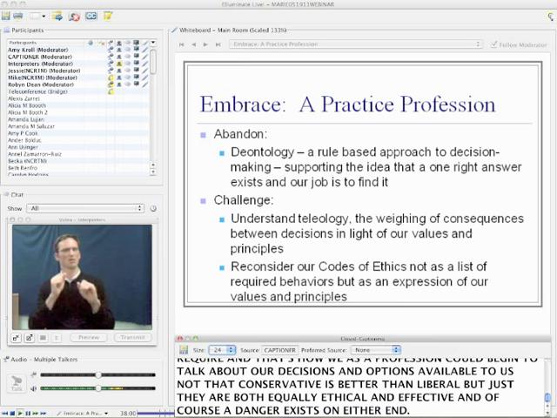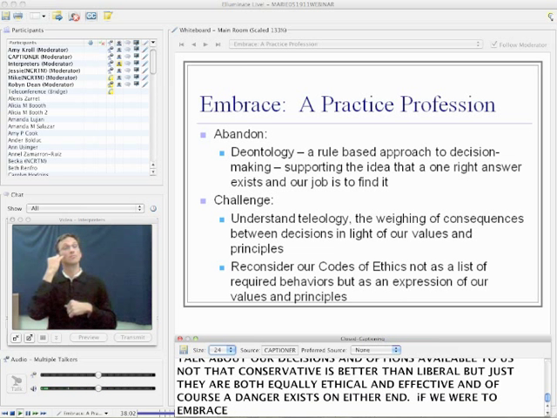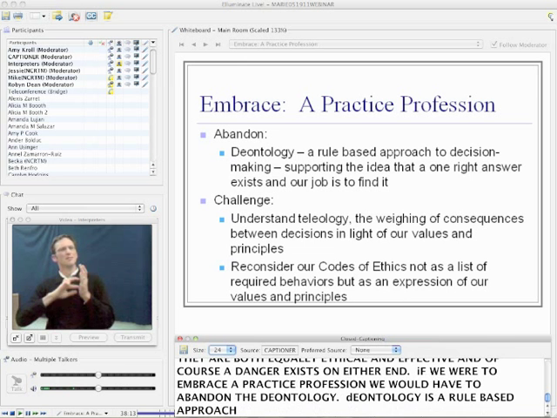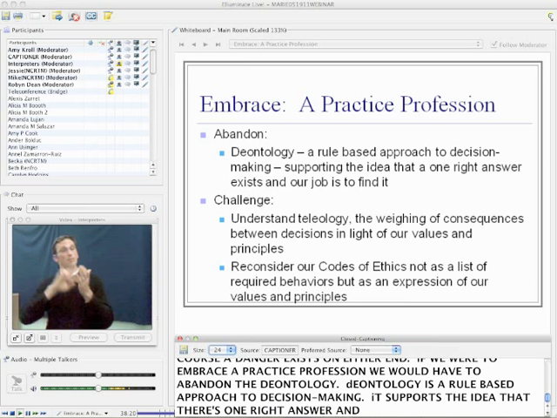If we were to embrace a practice profession, we would have to abandon deontology. Deontology is a rule-based approach to decision making. It supports the idea that there's one right answer, and it's just our job as the interpreters, in this case, to find it in the moment.